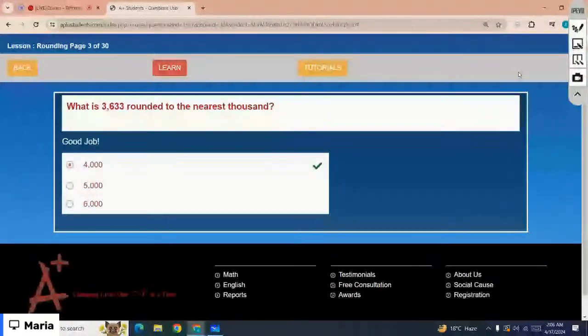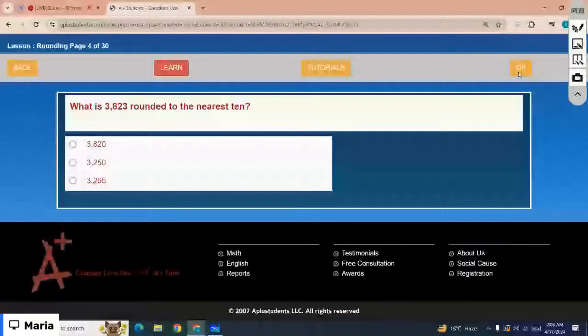Okay, 3823 rounded to the nearest 10, which 10 will it be rounded off to?